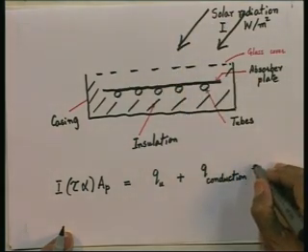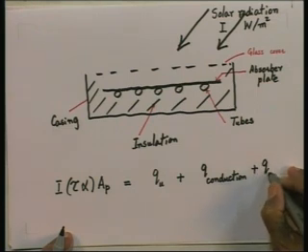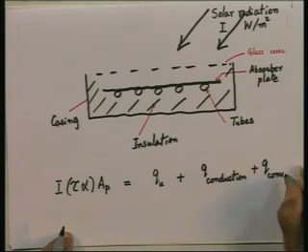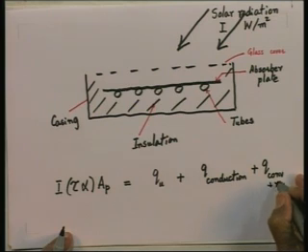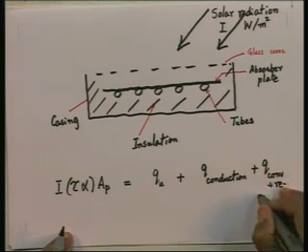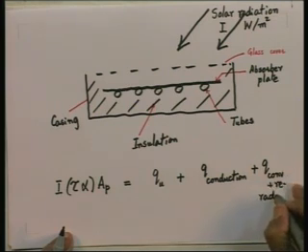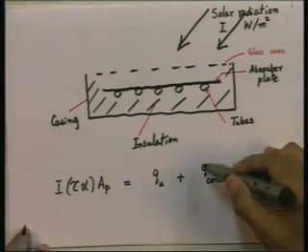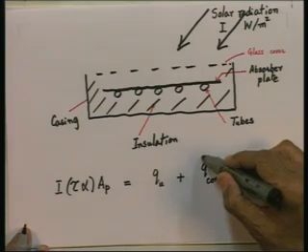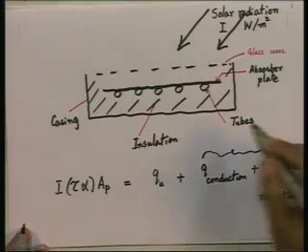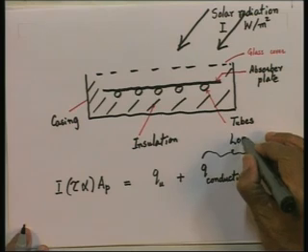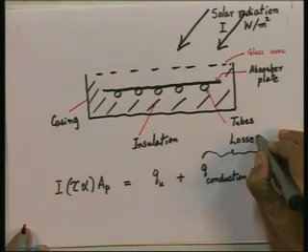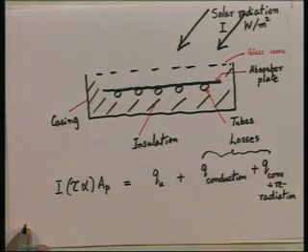So, plus losses due to convection and re-radiation from the top. This is the heat balance on the absorber plate. All right. So, the second and the third term represent the losses, and the first term represents the useful heat gain.